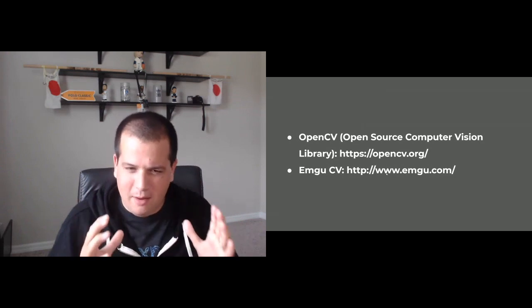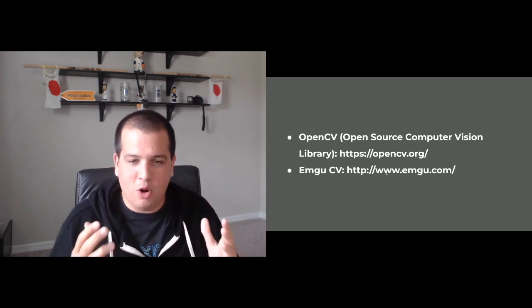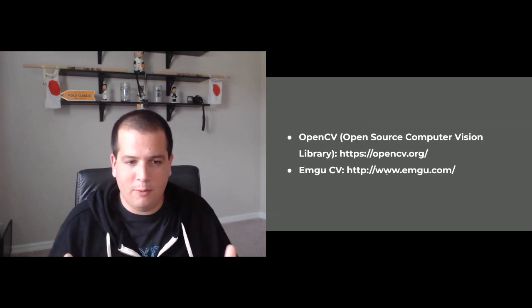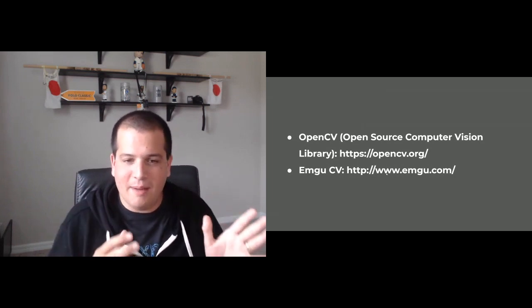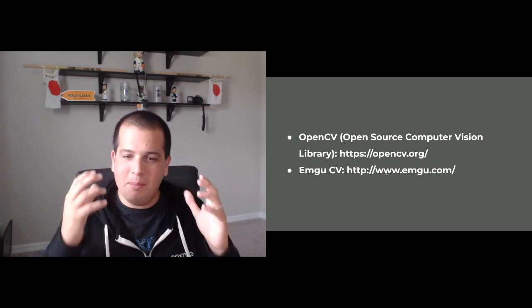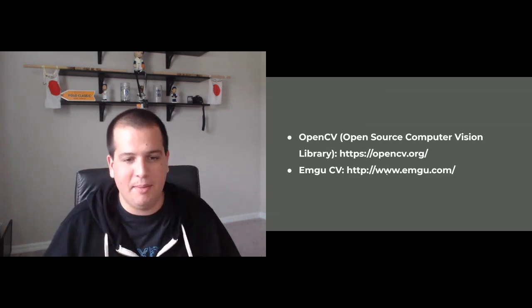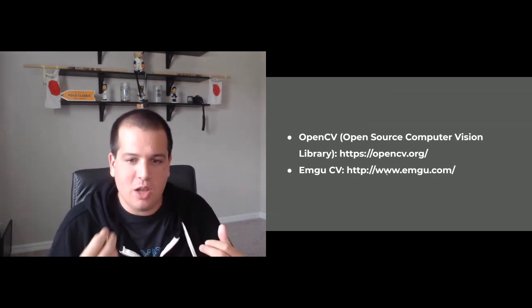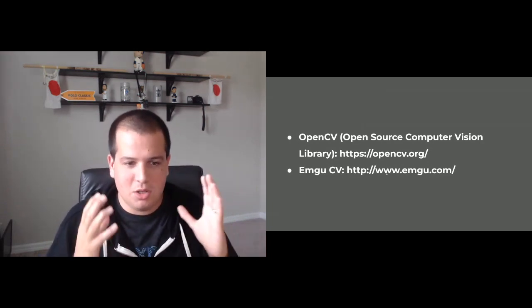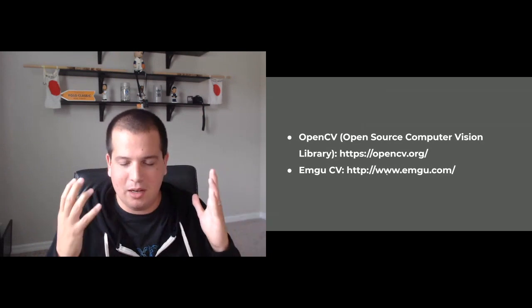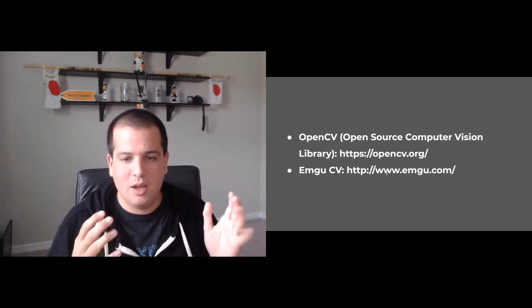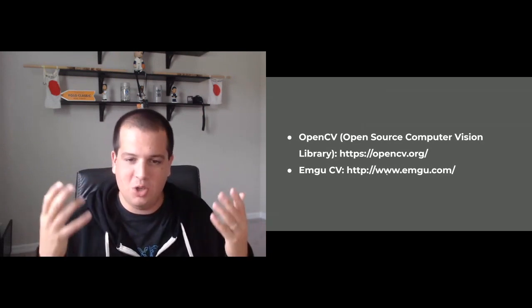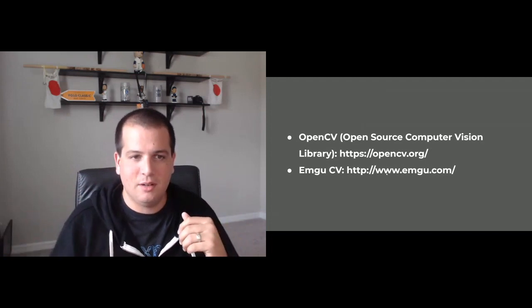I will note that if you're like me and you're used to using the Python OpenCV library, assuming you've ever used it before, you might need a little bit of time to adjust to EmguCV, as it's much closer to the original C++ implementation of OpenCV. And just a note, Emgu does use a dual open source and commercial license. So you're fine to use it for demos and anything that's open source, but anything that you're using for commercial advantage, you would have to contact them to get a license.